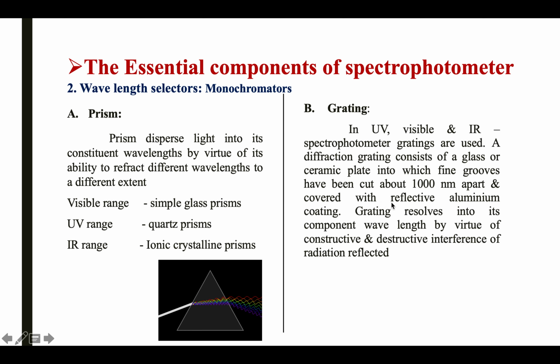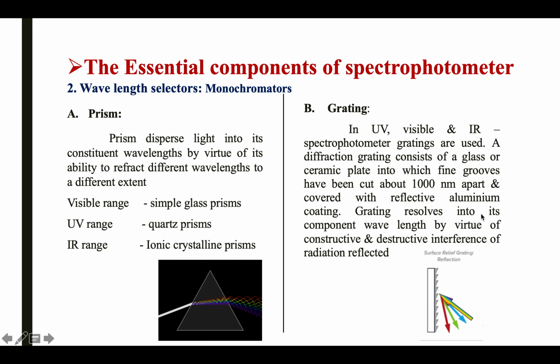So it is made of either a glass or ceramic plate, and there are cuts, as you can see in the figure below. Each cut is around 1,000 nanometer apart, and the coating is completely reflective. The aluminum coating means whatever rays come in will only get reflected. There is no transmission in this grating.